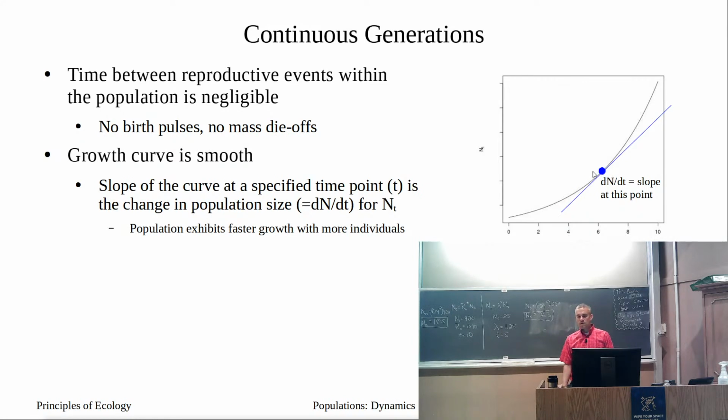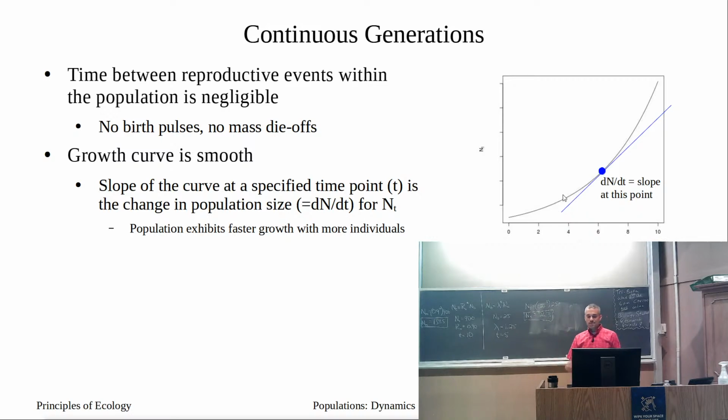And to find it, what we do is we look at the slope of our line right at that point. And those of you that have had calculus will probably recognize that the tangent, a straight line that touches our curve at that exact point, whatever the slope of that line is, that's our change in population size.